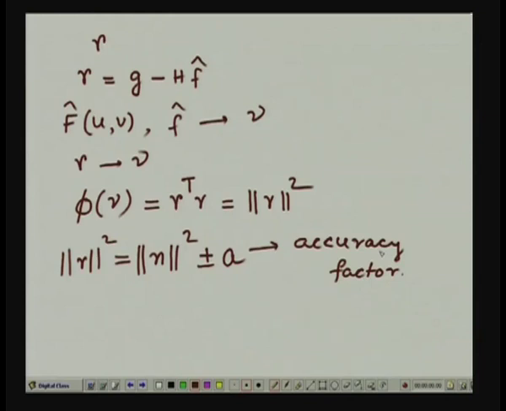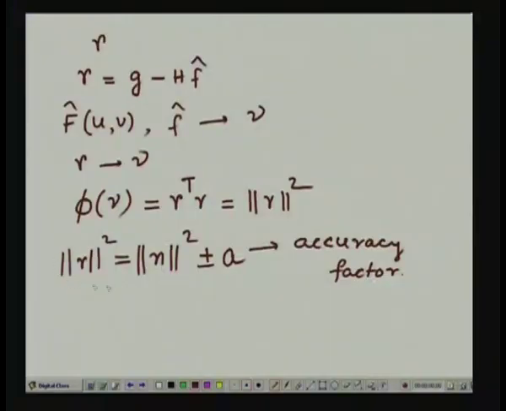Obviously, if R square is equal to n square, then the specified constant is exactly met. However, it is very difficult. So, you specify some tolerance by giving the accuracy factor a, and we want the value of gamma to be such that the Euclidean norm of R will be within this range.